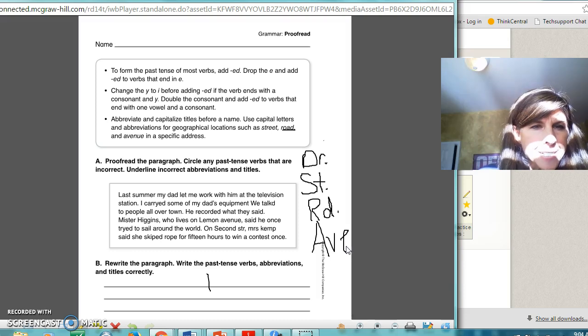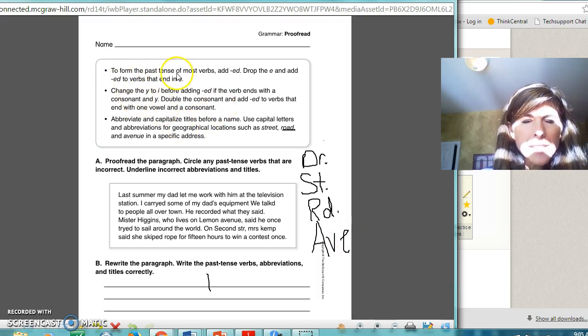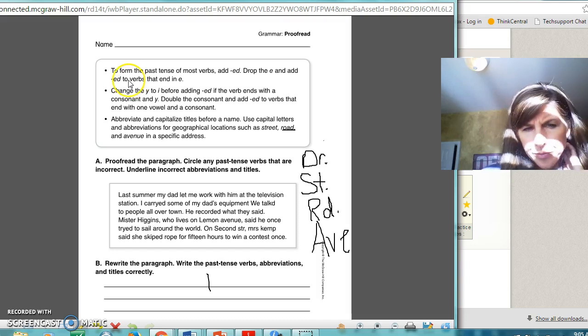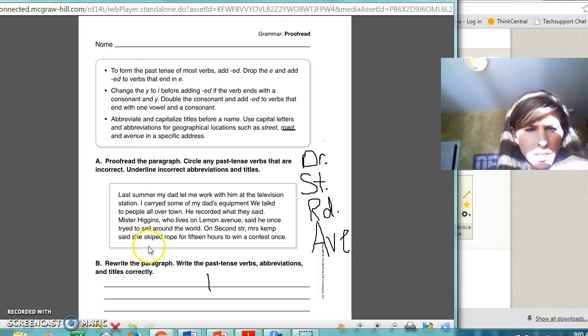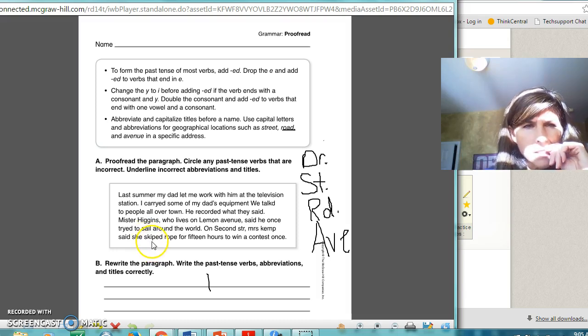And another thing that we'll be working on is to form past tense of verbs, so action words. So you would add ed, so you would drop the e and add ed. Drop the e and add ed to verbs that end in e.